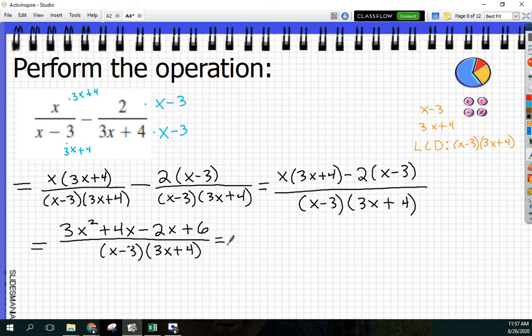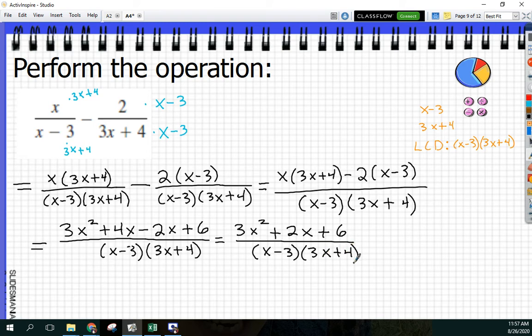Again, simplifying, I have 3x squared, plus 4x minus 2x, so that gives me a positive 2x, plus 6. So looking at our numerator, I do have a quadratic trinomial, so we do want to check and make sure it doesn't factor.